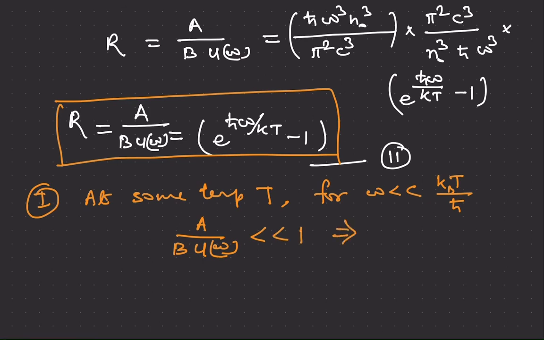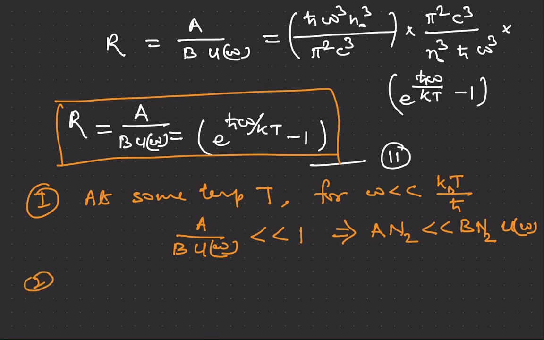That means A N2 will be very much less than B N2 U omega, and then absorption and stimulated emission lead.